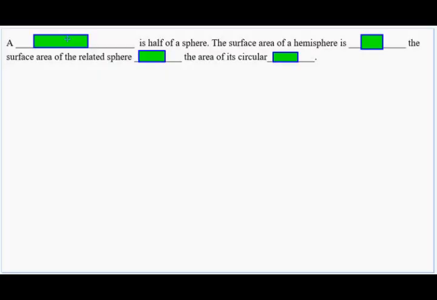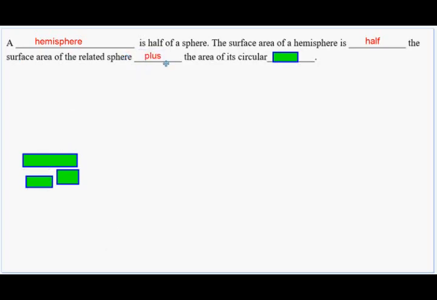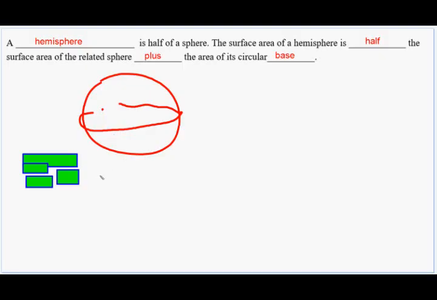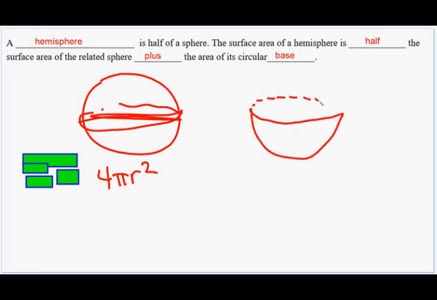All right, what's next? A hemisphere is half a sphere. The surface area of a hemisphere is half the surface area of the related sphere plus the area of its circular base. So again, if I have a sphere, the surface area of that is 4 pi r squared. If I chop that in half, we now have kind of this bowl shape.